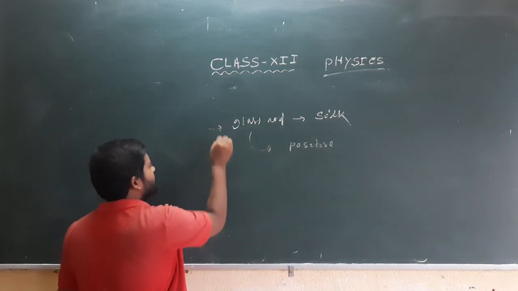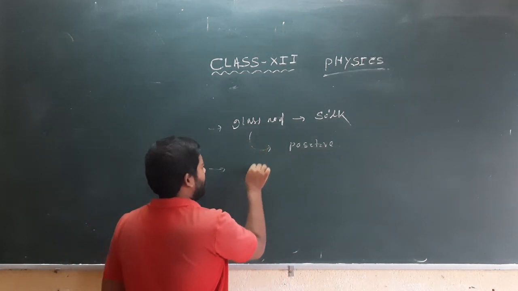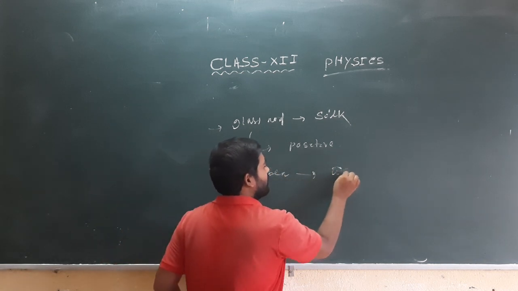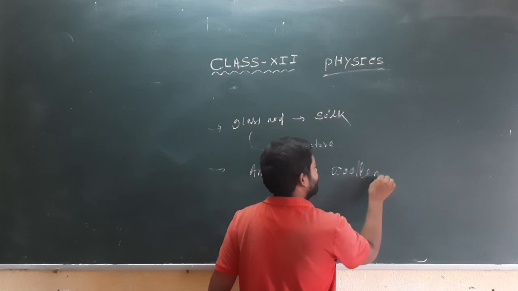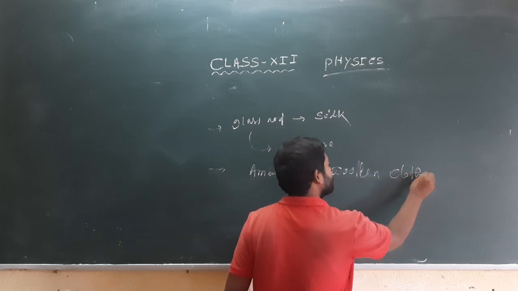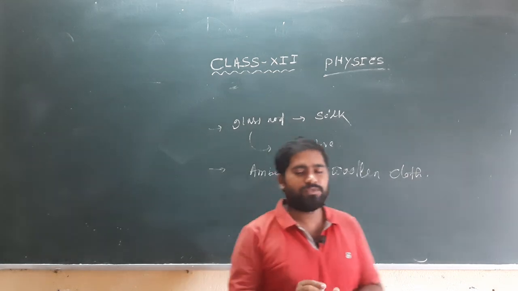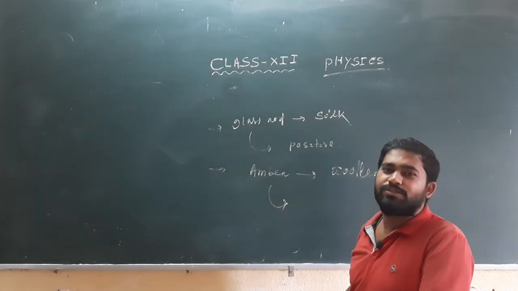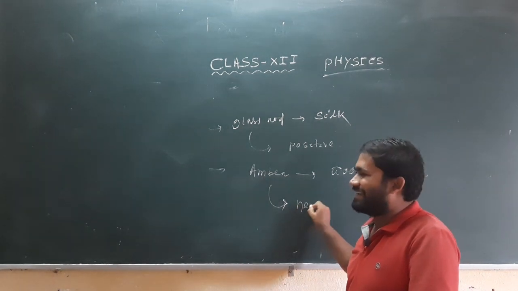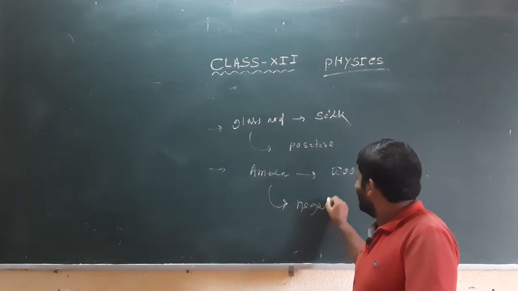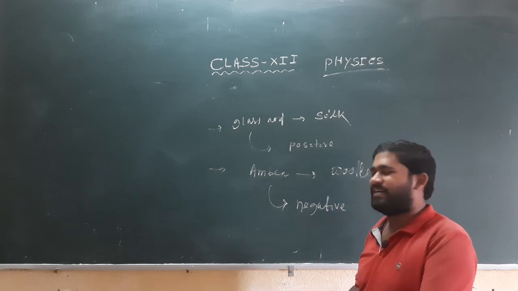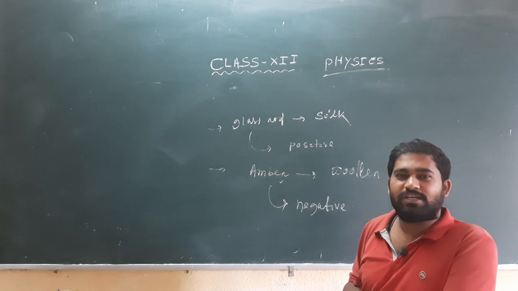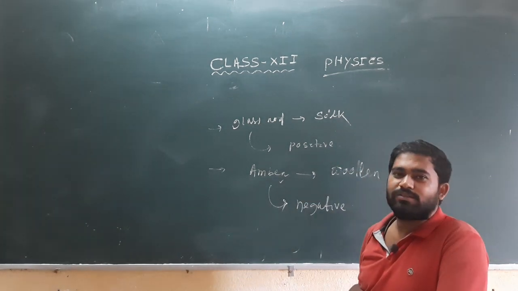In the second case, when amber is rubbed with woolen cloth, the type of charge acquired by the amber is negative, because amber receives some extra charge particles from the woolen cloth.